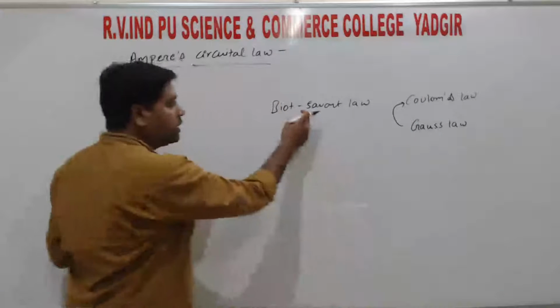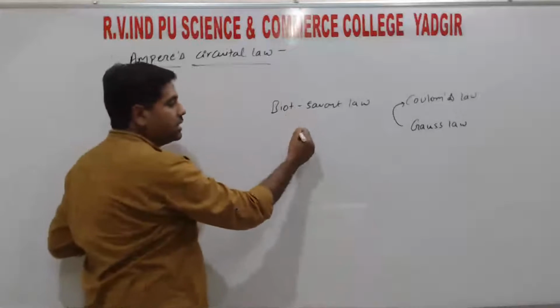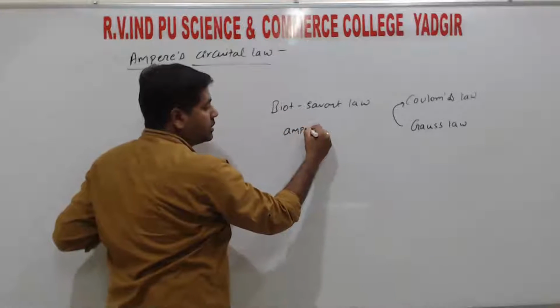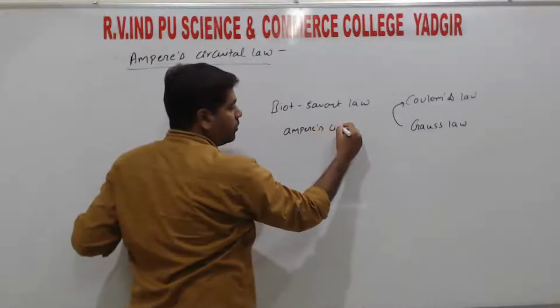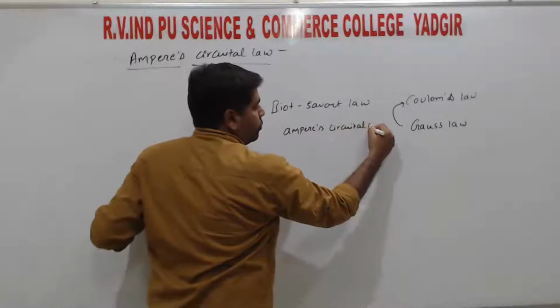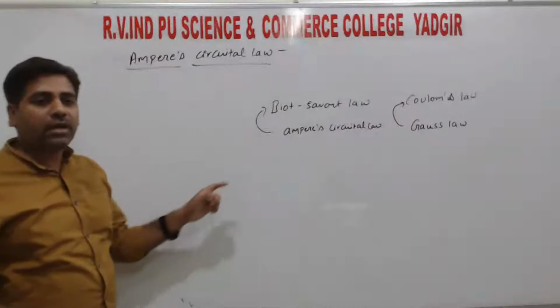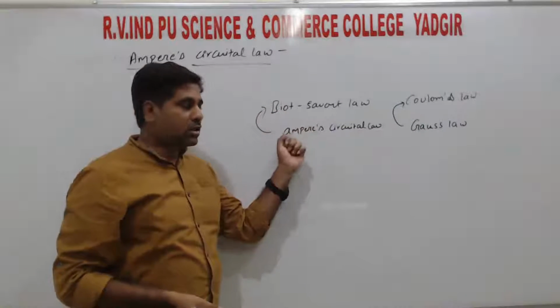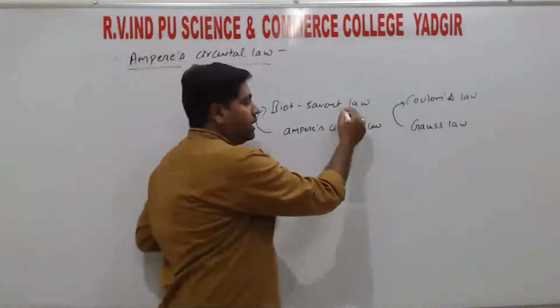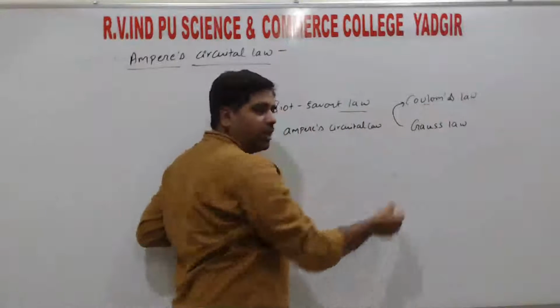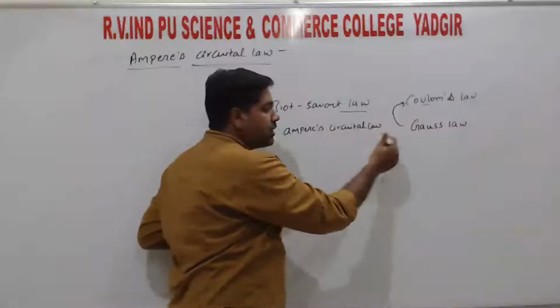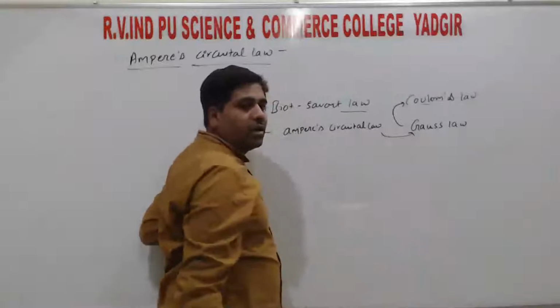Similarly, the extension of the Biot-Savart's law is the Ampere's circuit law, right? By using Ampere circuit law we can derive the Biot-Savart's law. So just as we related the Biot-Savart's law and the Coulomb's law, the Ampere circuit law is similar to the Gauss law.